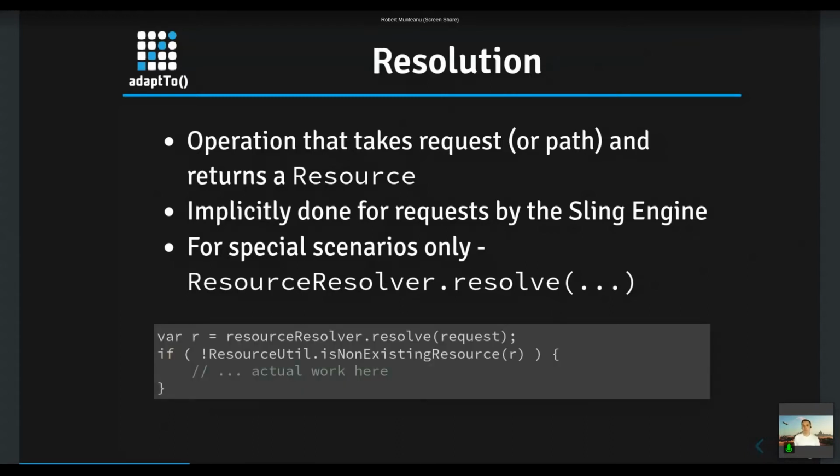But if you really want to do it yourself, there's an API on the resource resolver that is called, well, surprisingly, resolve, and takes a request and gives you a resource. It never returns null, so you need to be careful to check for a non-existing resource.